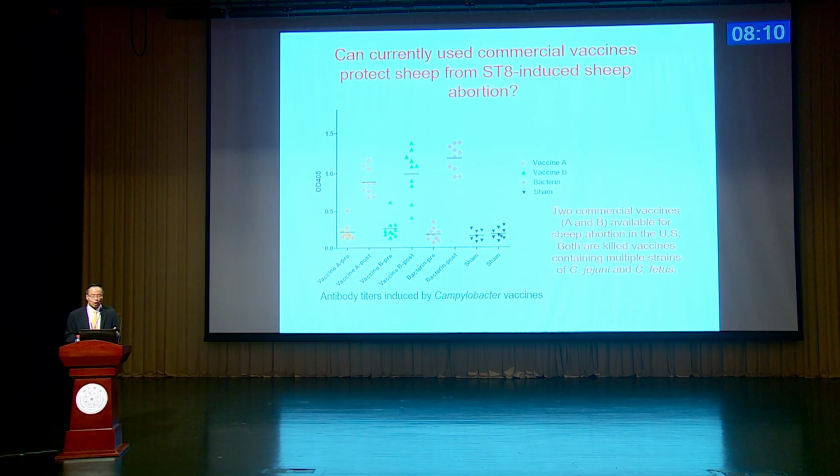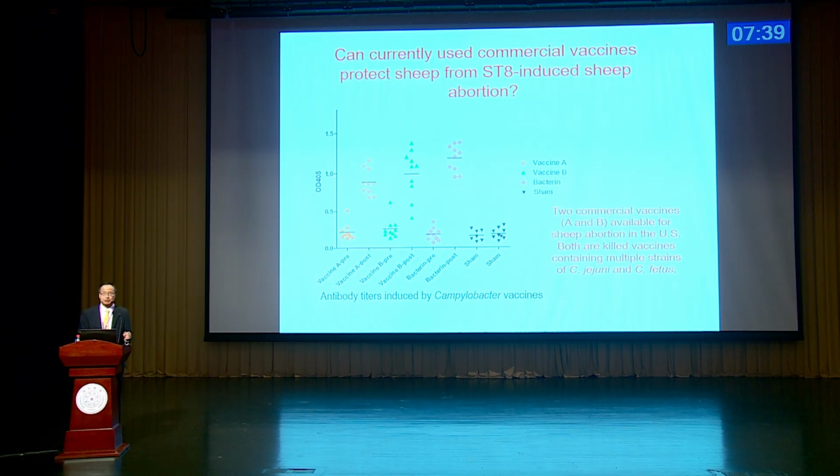We wondered what the commercially used vaccines out there are, and whether they would work against this predominant clone, because right now more than 90% of clinical abortions in sheep are related to this strain. There are 2 commercial vaccines in the US, A and B, and we also made an experimental bacterin using ST8, a homemade vaccine, plus a sham control.